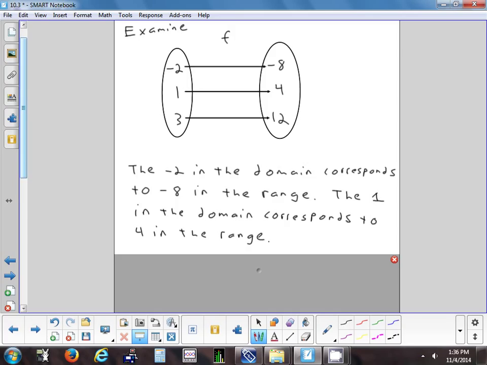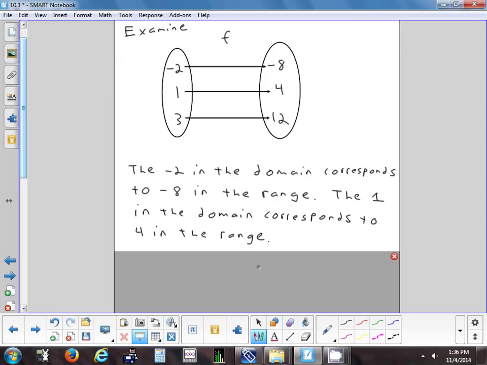The domain what to the range? Corresponds, right? So for that first blank, the lines from the domain correspond to the number in the range. Correspond means like same thing. It's almost like it's sitting in the same spot. See, -2 is the top one on the left, -8, top one on the right. They're sitting in the same spot.